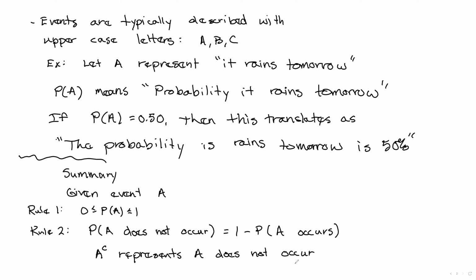And if you use that notation, then the probability of A complement equals 1 minus the probability of A. And so we get to this simple formula. Okay, moving on, more definitions.